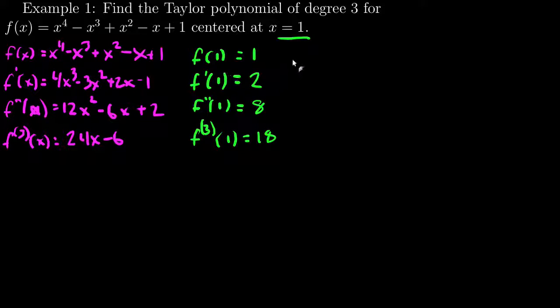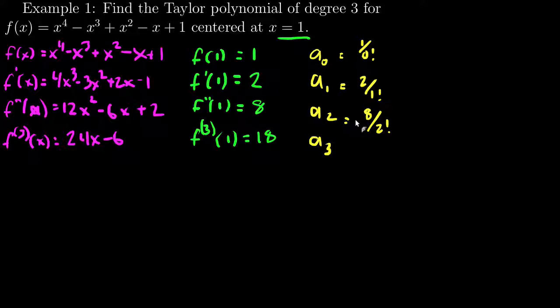And then using our rule, I'm going to divide these by the factorials, a0, a1, a2, a3. So this will be 1 divided by 0 factorial. This will be 2 divided by 1 factorial. This will be 8 divided by 2 factorial, because it's for the squared of the second derivative term.